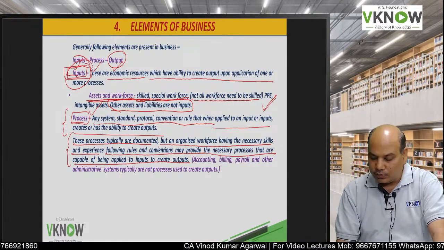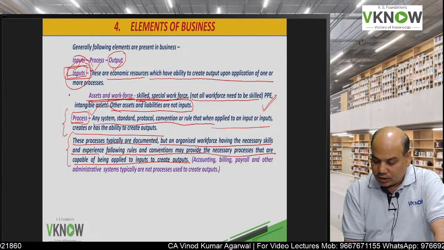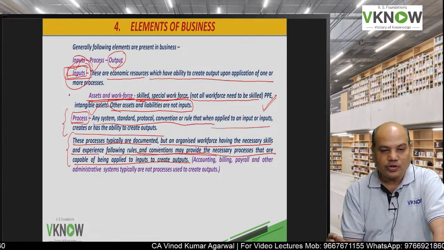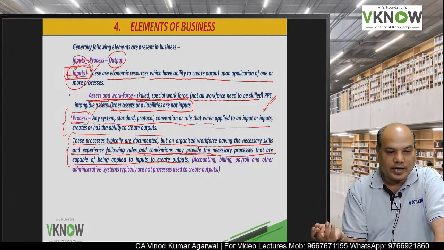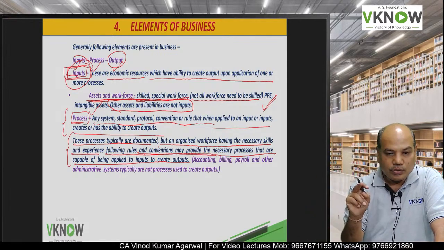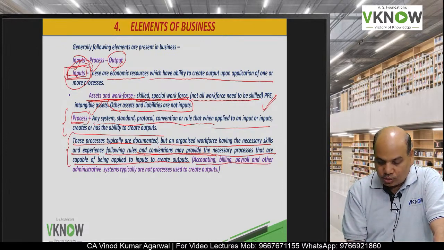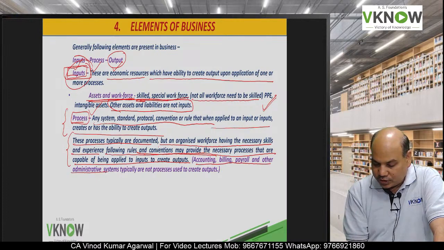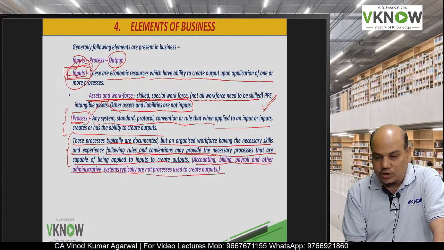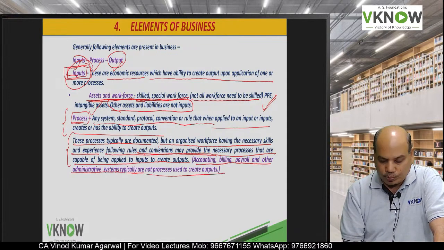A set of skilled workforce, when they apply certain rules and convention on the input, is capable of creating output. Now please note down what is not a process. Accounting, billing, payroll and other administrative systems are not processes used to create output.